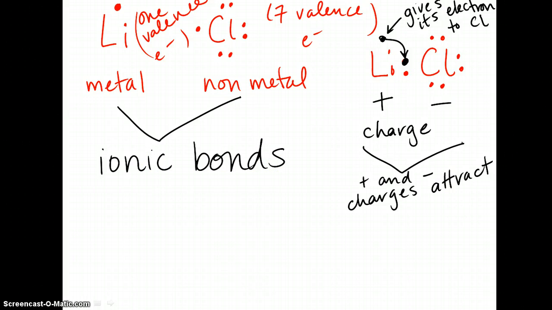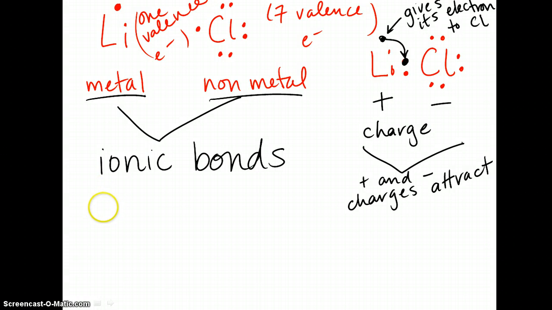All right, so it always has to be a metal with a non-metal. So this is a classic ionic bond. The lithium is giving its electron to chlorine. And we always show that with arrows, all right?